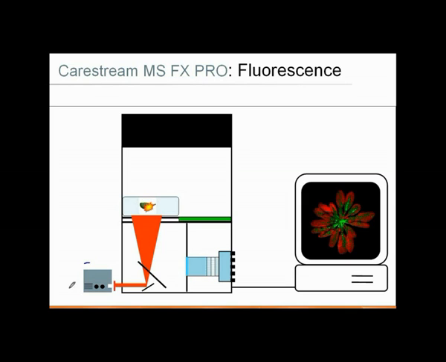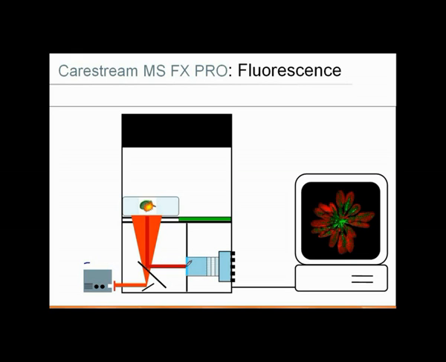So you illuminate your target sample, and the fluorophore is then excited. The fluorophore goes up to an excited state, loses a bit of energy, drops down to its ground state, and then re-emits light at a longer wavelength. That hits a 45-degree mirror and then passes through our patented wide-angle emission filters.